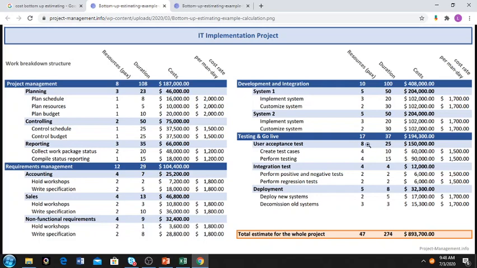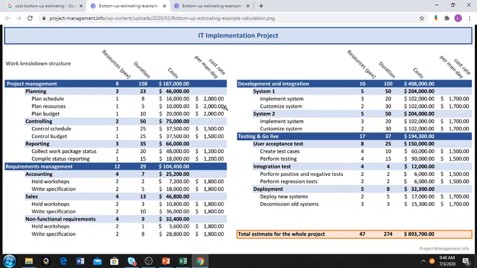So this is one bottom, another bottom, another bottom, another bottom, and then you sum them up to have the overall project cost. The overall project cost is 893.